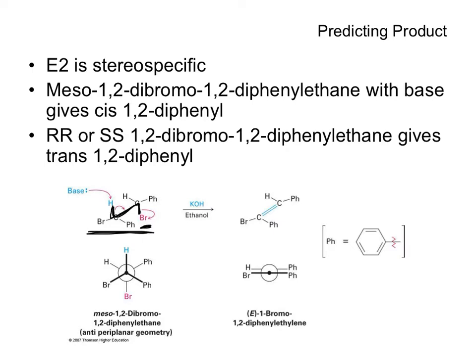So the reaction can go through an E2 reaction mechanism, and the product that you're going to get at the end of the day would be, in this case, you have both the phenyls pointing in one direction. If you had to assign priorities, you would say high priority for the bromine and high priority for the phenyl.